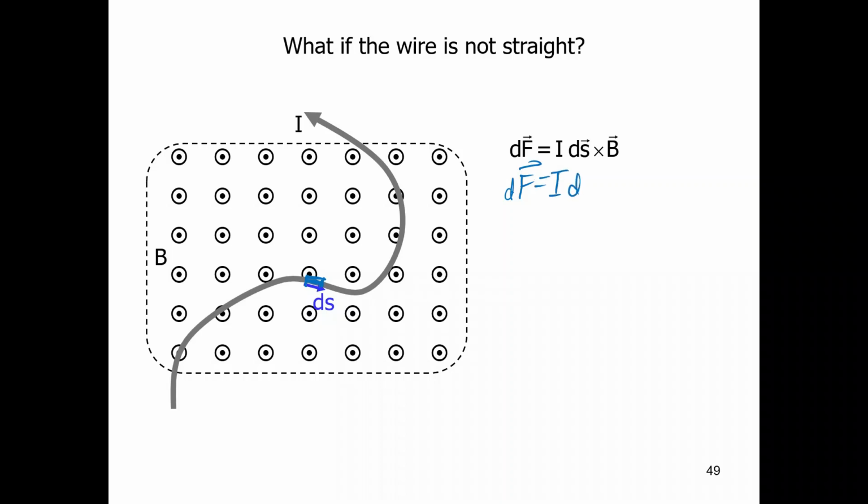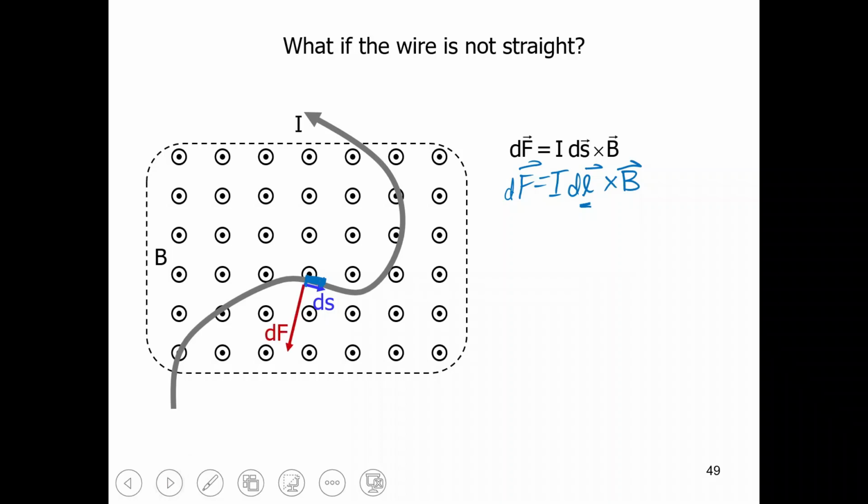I think at some point along the line, the person that originally started these PowerPoints switched to S, because making this little curly lowercase l is very difficult to do in PowerPoint, so they just switched to S. They also use S in calculus for position, so it's something that you might see. So if I take this infinitesimally small section of the wire and do I dL cross B, I would get a force.